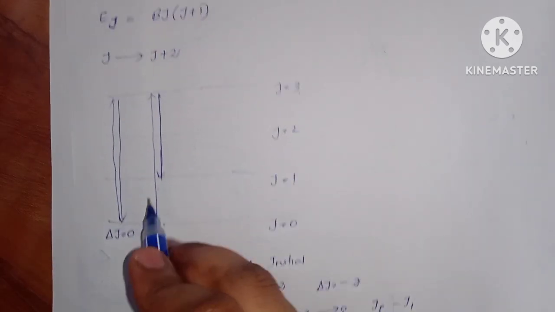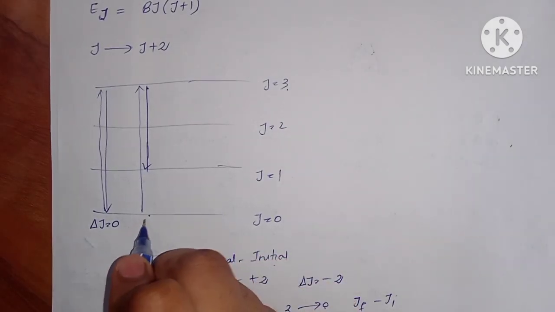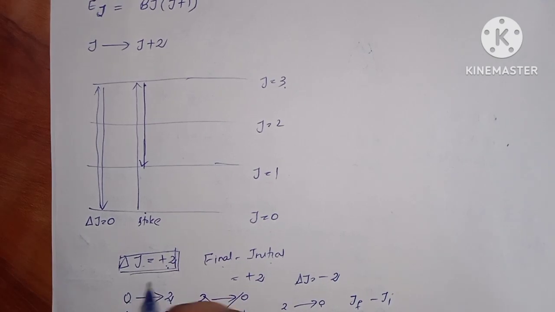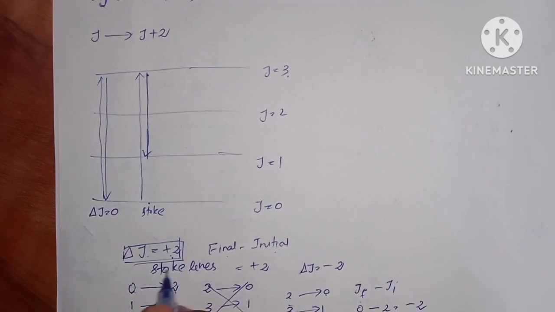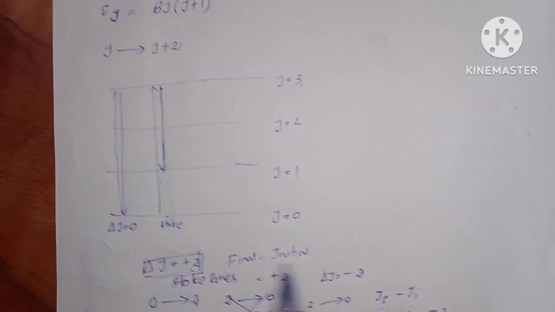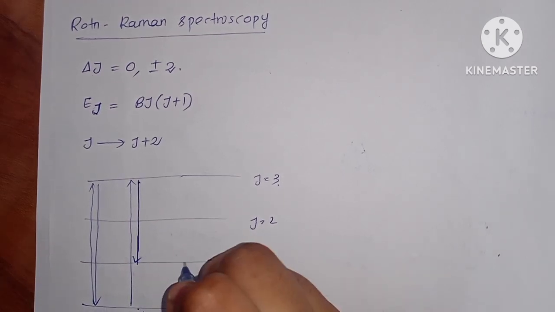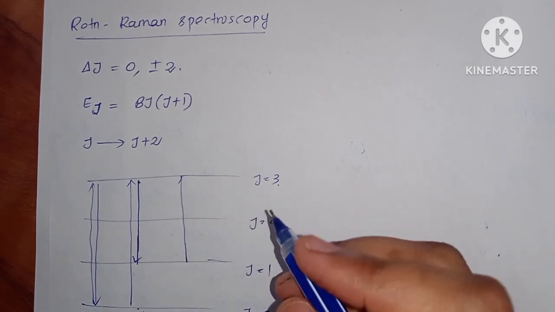So this will give Stokes or anti-Stokes lines. This will give Stokes lines. That means delta J equal to plus 2 is responsible for Stokes lines. And if we consider anti-Stokes lines, what happens? It starts from 2, sorry, that was a mistake.